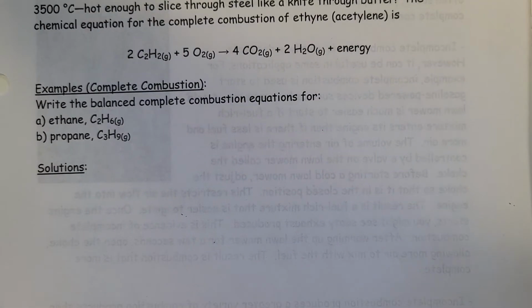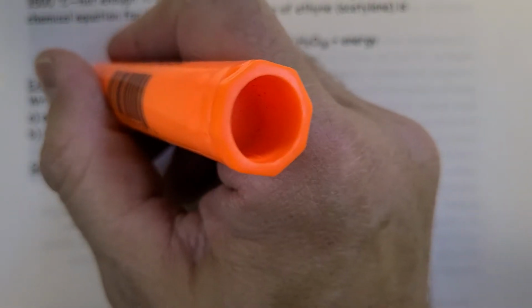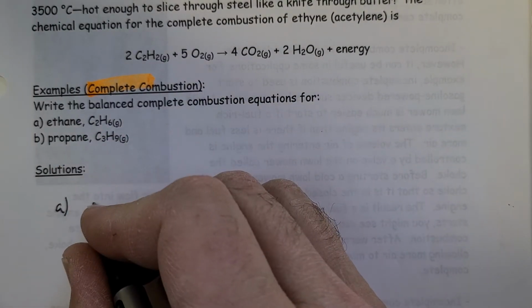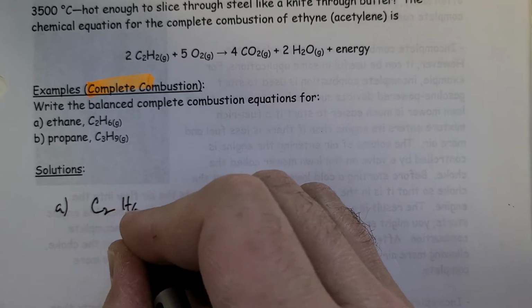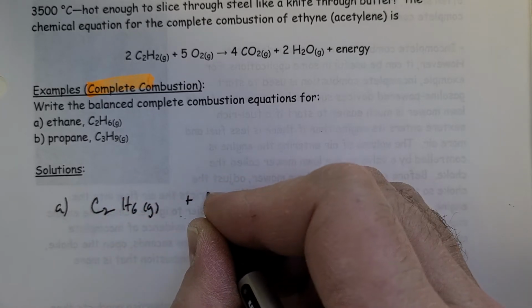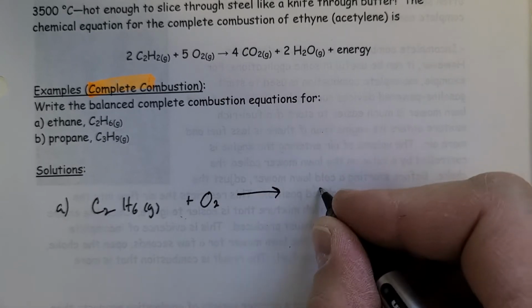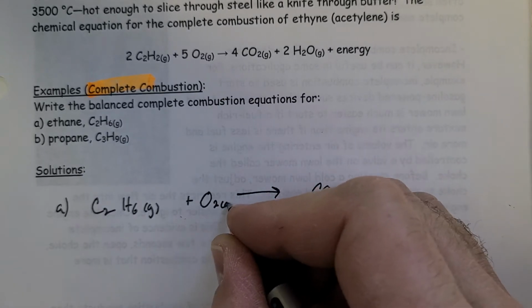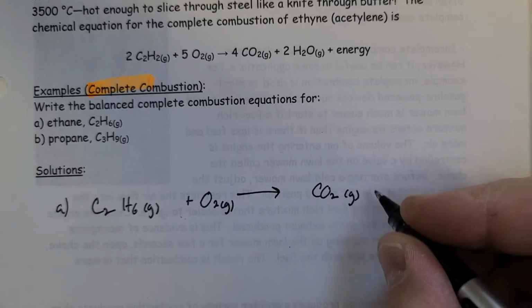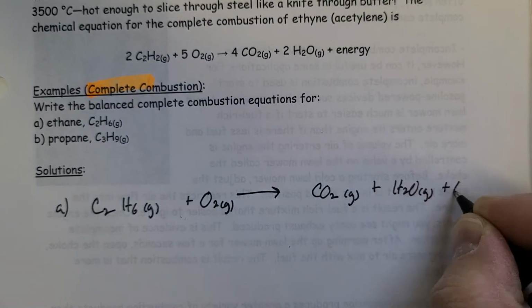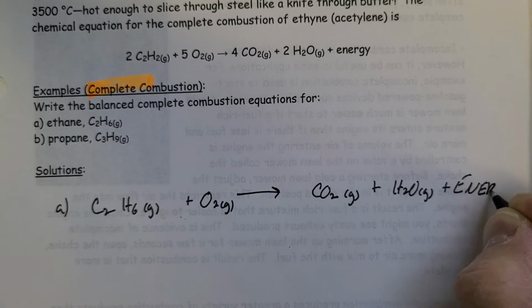So let's do some of these. Let's take a look at, again, complete combustion, so ideal oxygen is available. C2H6 gas plus O2 yields CO2 gas, and then another product is H2O vapor, and of course energy.